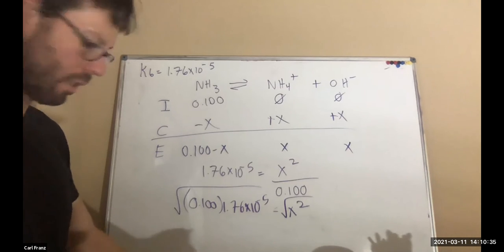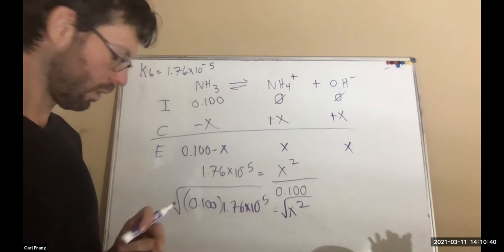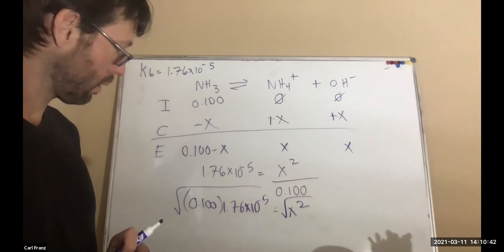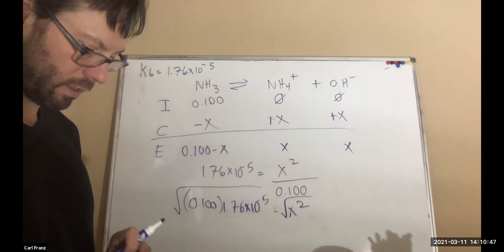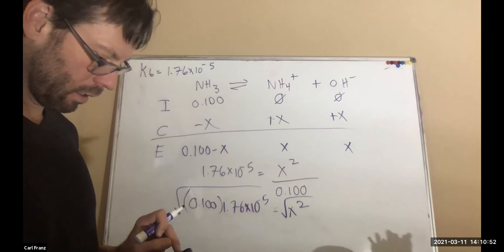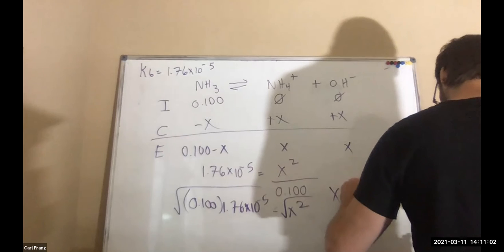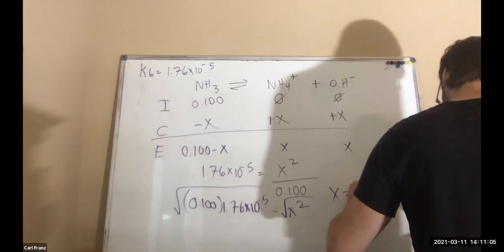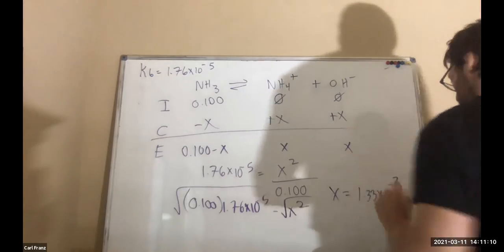Point 0013. Yeah, that's what I just got. Okay, so x equals 1.33 times 10 to the negative 3.